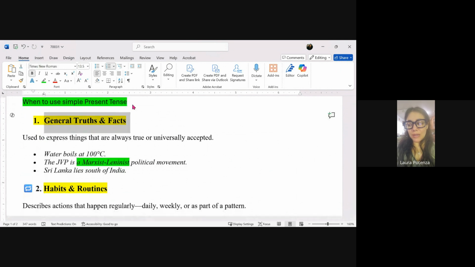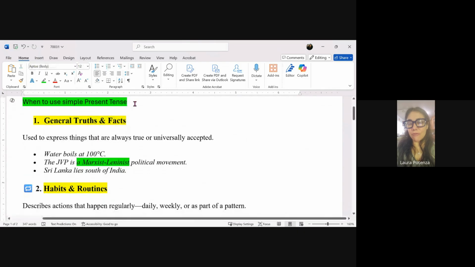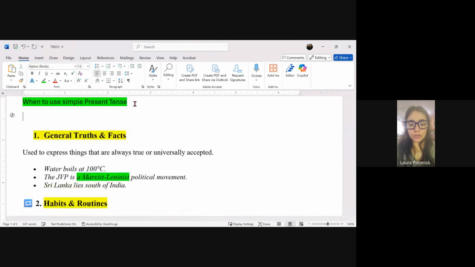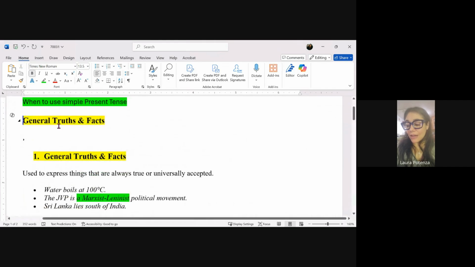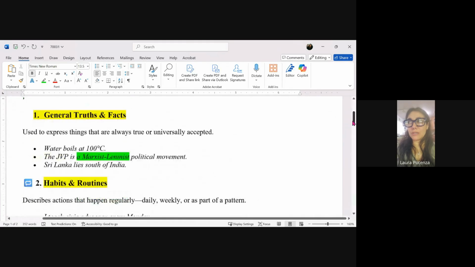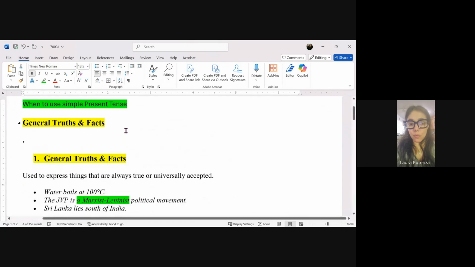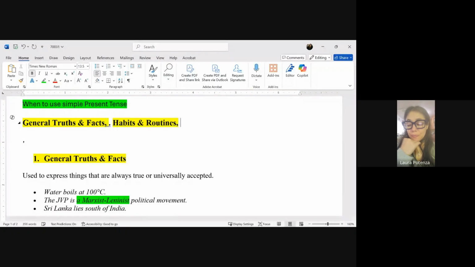When you have the class, if you took each tense like that, so now you're doing simple present, but if you did the same for simple past and simple future, and had your examples on the screen while you're going through it with the class, I thought it was really good and easy to follow.